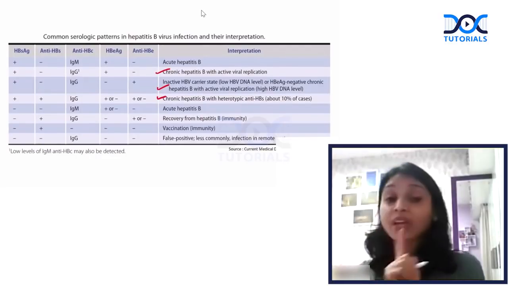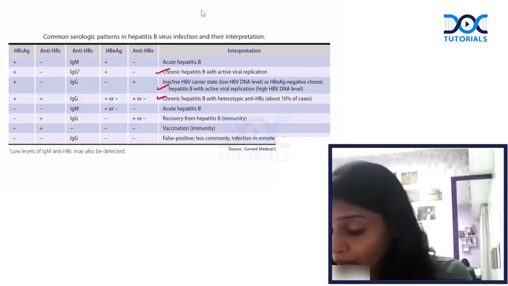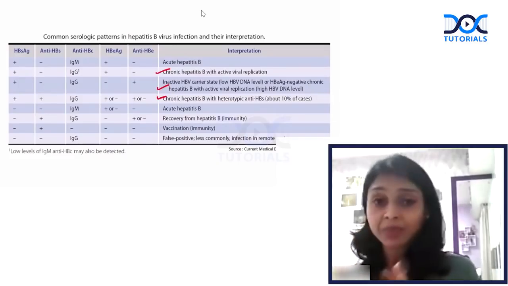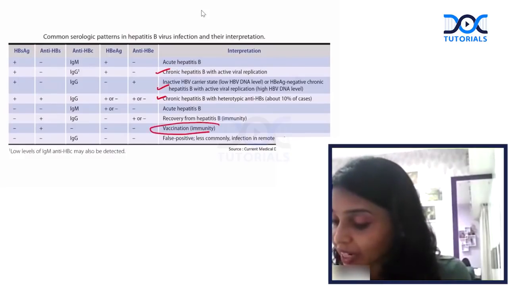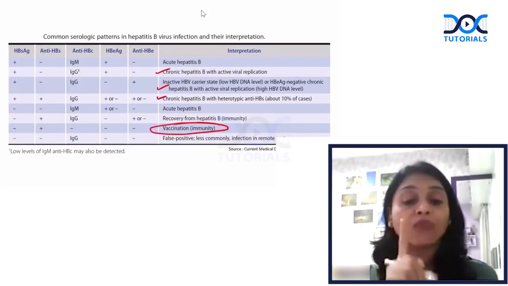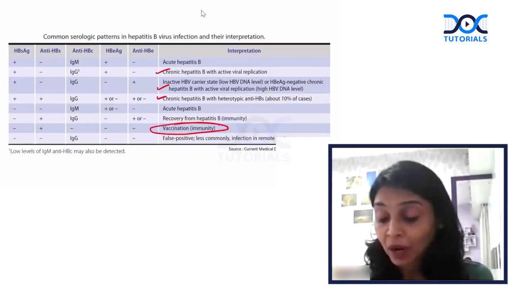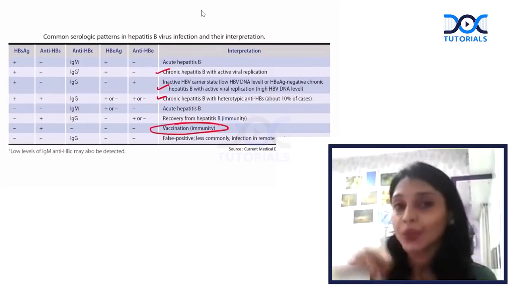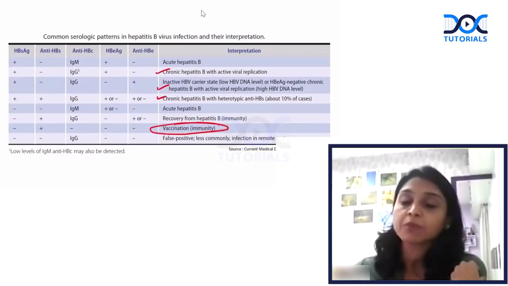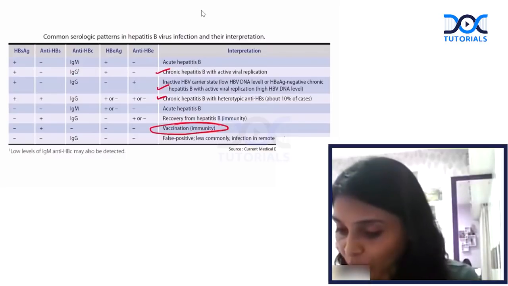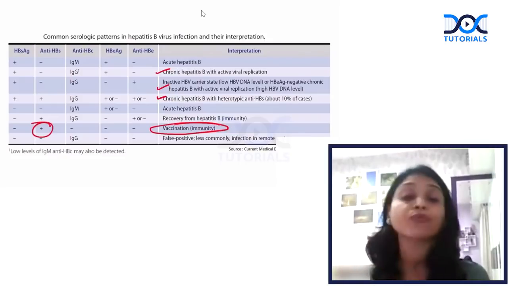Another one, just one point I want to discuss from this table, which was a previous MCQ. In vaccination-attained immunity, which one will you find? Among all these blood parameters, which one will you see if a person is vaccinated with hepatitis B? This one, anti-HBs, is what you find in a person.